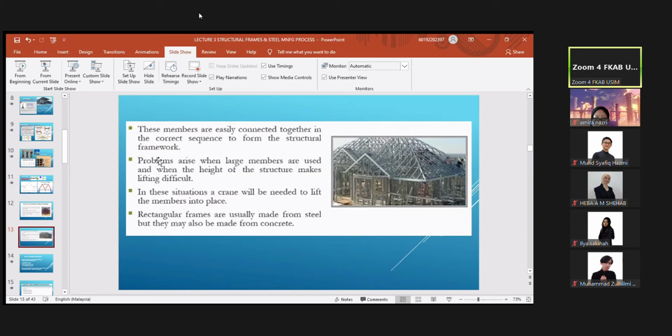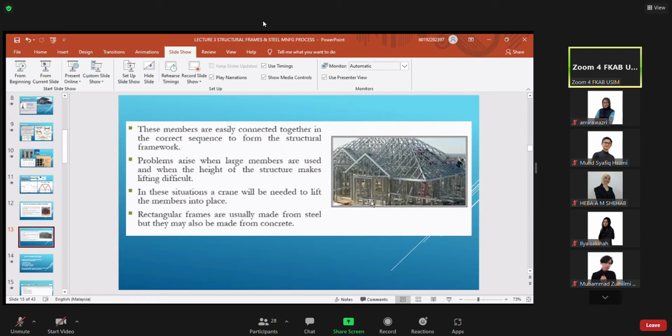Okay, and next one, problems arise when large members are used and when the height of the structure makes lifting difficult. Nowadays, I don't see much of a problem with lifting. It's not so much an issue because they can use cranes, big tower cranes that go very high and cover a certain area, especially in high-rise buildings. For single-story or double-story buildings, a ground crane can be used.